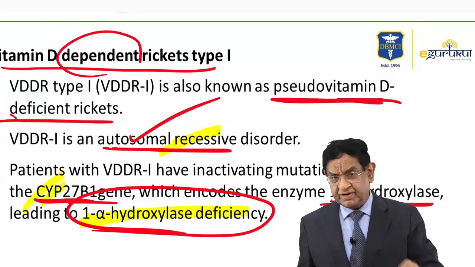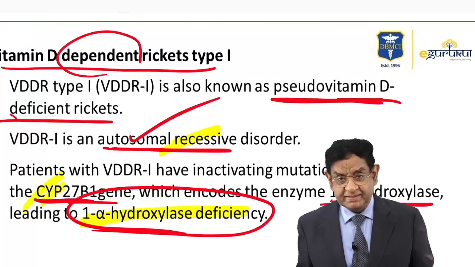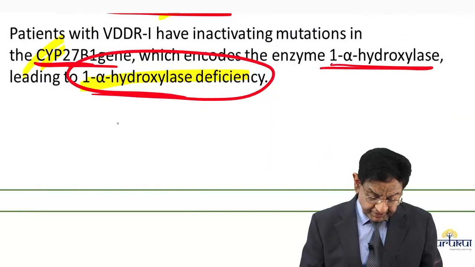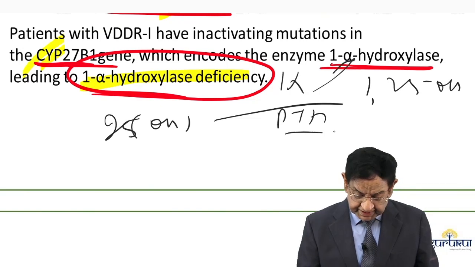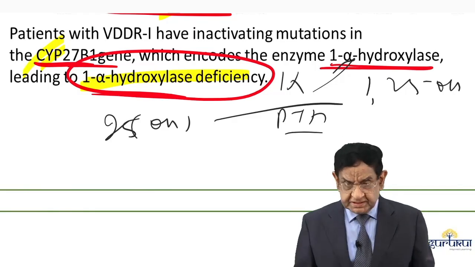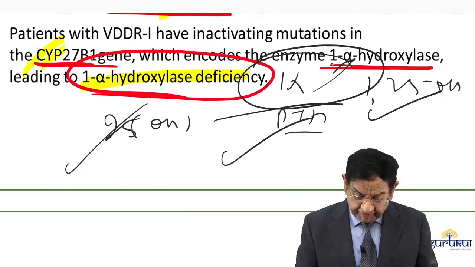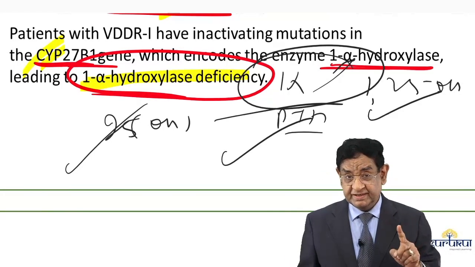Even though the kidney is functioning normally. And in the very beginning, in the basic concept, I told you that for 25 hydroxylation to 125 hydroxylation which occurs in the kidney, you need 1-alpha hydroxylase, and we need PTH. So in this condition, this is normal, this is normal, but when 1-alpha hydroxylase is deficient, that is deficient.